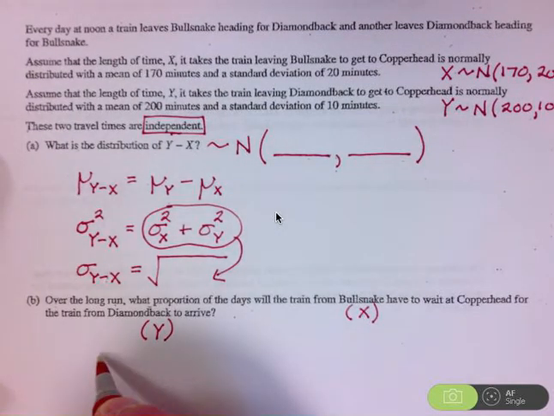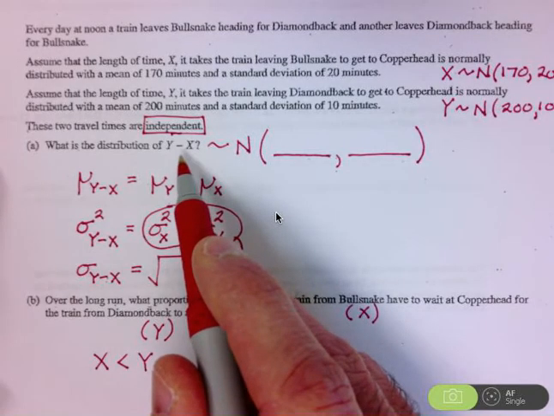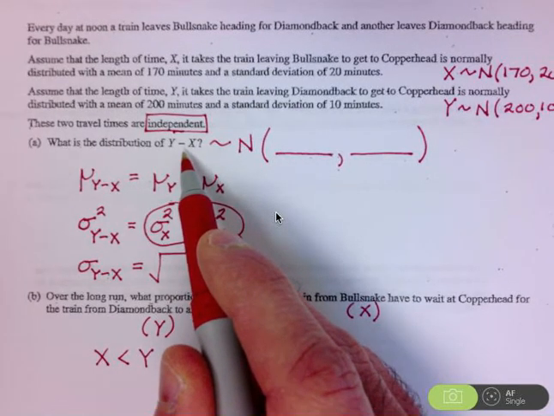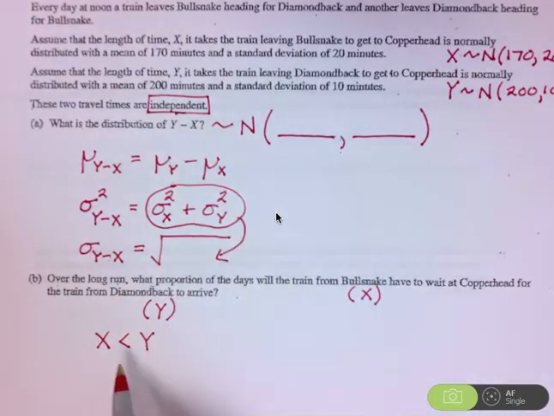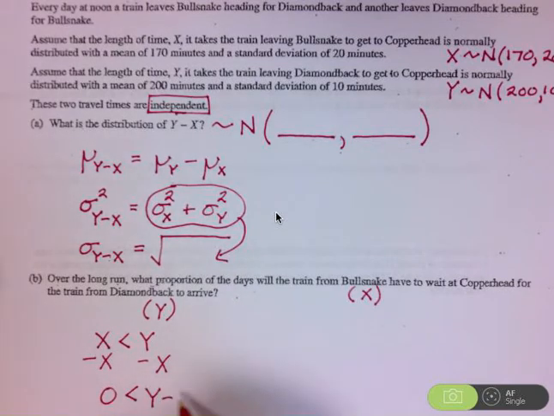That's a comparison. So X will get there first if X's travel time is less than Y's travel time. Now understand, we took the time and the trouble in part A to find the distribution of the random variable Y minus X. So you should recognize that we can turn this into an expression that involves Y minus X. We can subtract X from both sides of this inequality, and we can turn this into 0 is less than Y minus X. Or you could turn that around and also say that Y minus X is greater than 0.